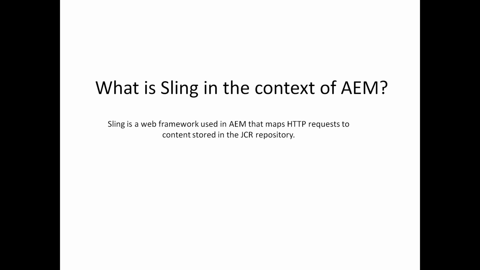In AEM, when a user hits a URL, Sling resolves that request based on the resource type and selects the appropriate script or component to render the content. Sling also follows a resource-based architecture where everything is treated as a resource, pages, components, assets, and rendering is done based on the Sling resource type.